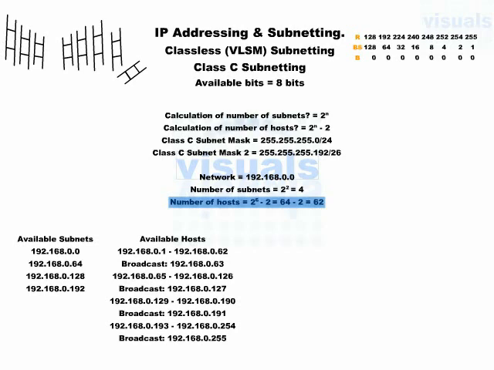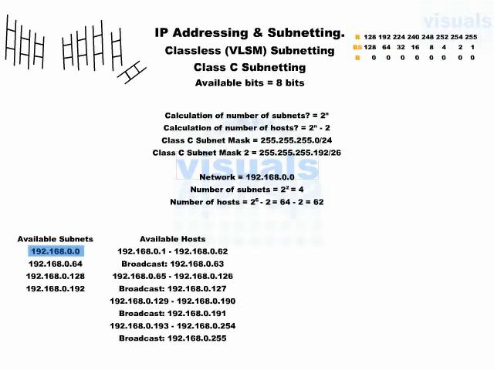How many subnets are we getting? We are getting 4 subnets, and to get these 4 subnets, we have to look at what block size we are getting. We are getting 64 here, so with a difference of 64 applied on this network, we will get 4 subnet masks. So the number 1 subnet network is 192.168.0.0.